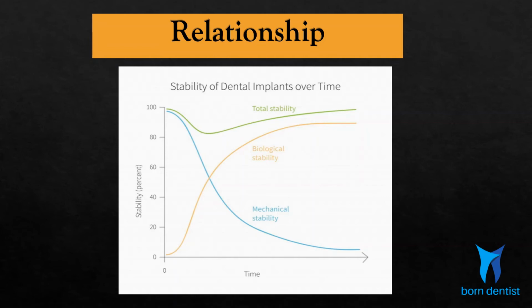What this tells you is that the primary stability is high, close to 100 Newton at the time of placement. And as hours and days pass, the primary stability keeps on decreasing. Whereas there was zero secondary stability in the beginning, but slowly it picks up as bone deposition around the implant happens and it is maintained at a constant level throughout life.